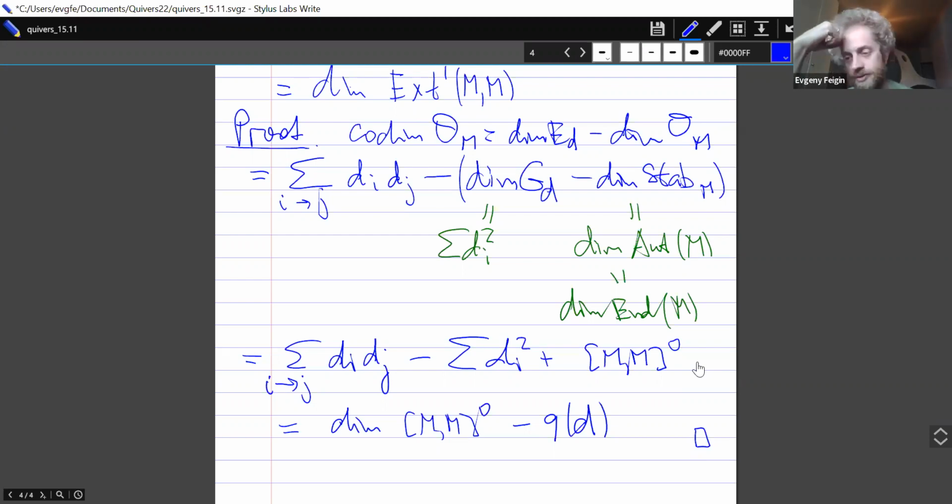Let's see. Well, endomorphisms are the tangent space to the group of automorphisms. Yes.